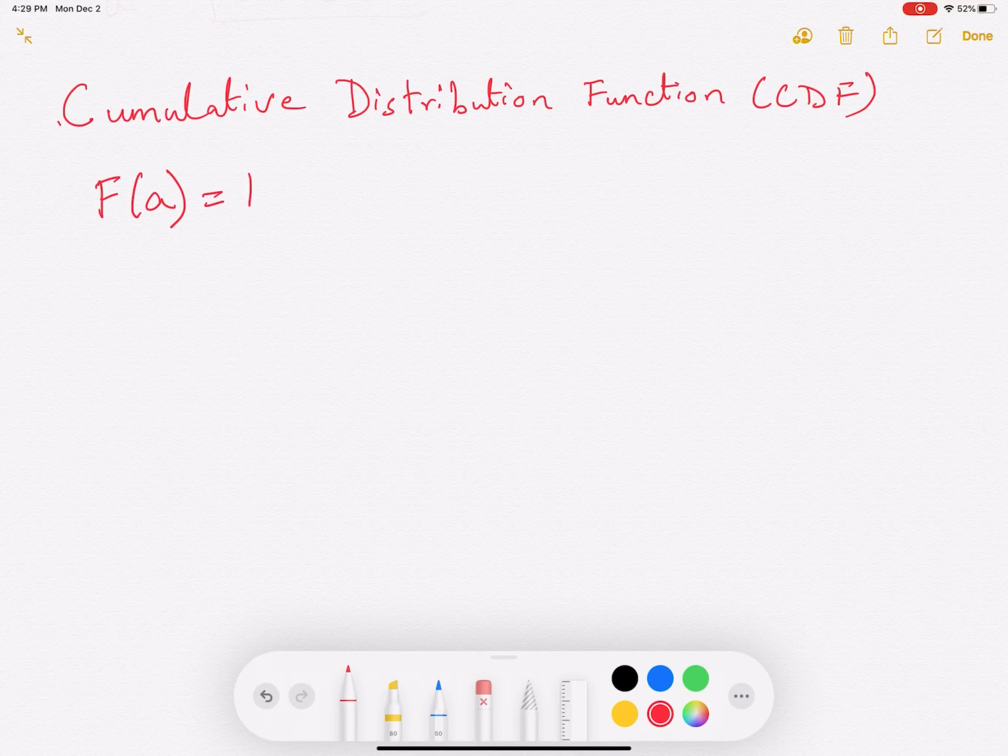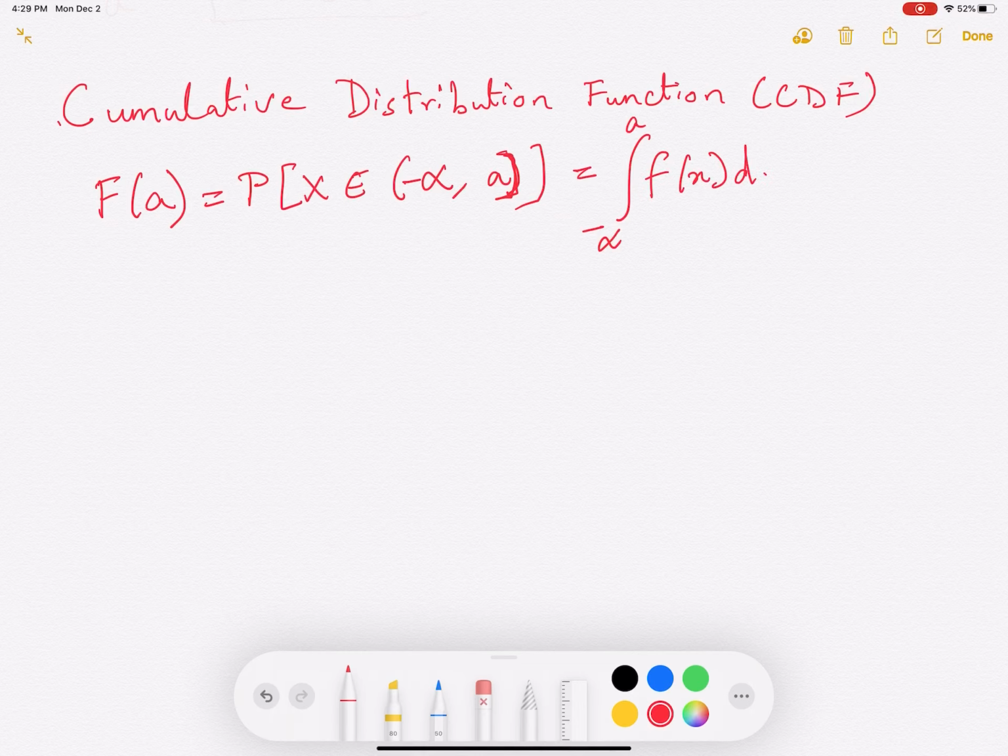So that is essentially nothing but x being an element of the set minus infinity to a. And it does not matter whether it's closed in this way. What we can do is just integrate fx dx between negative infinity and a. That's how we get the cumulative distribution function.